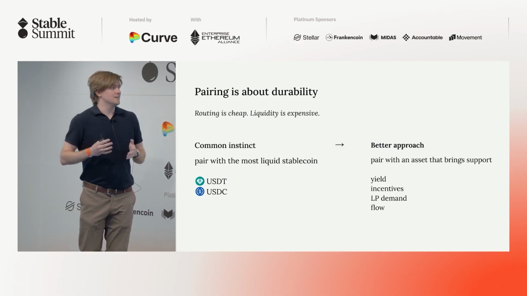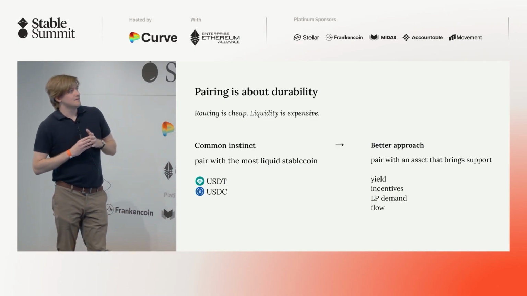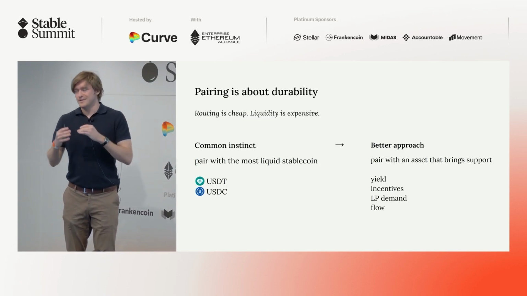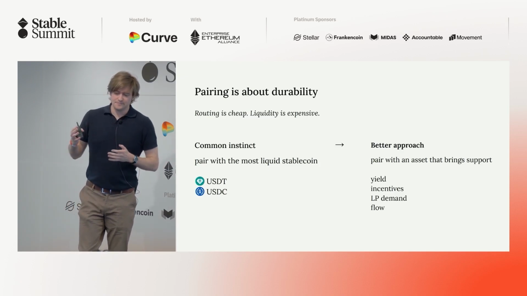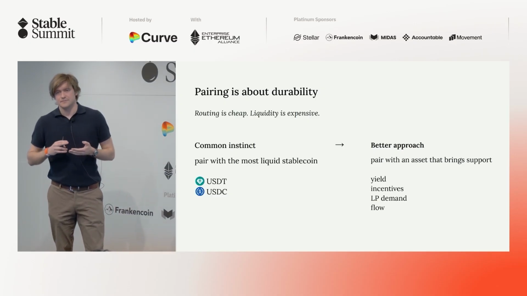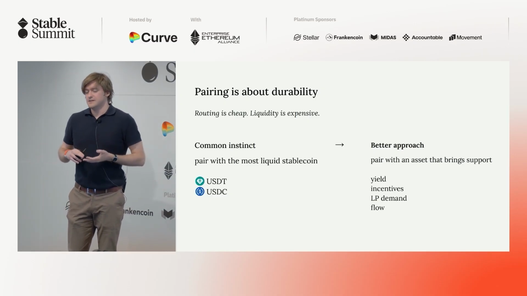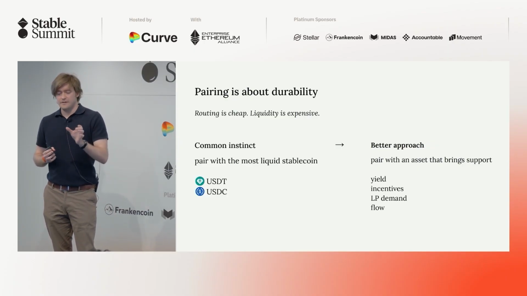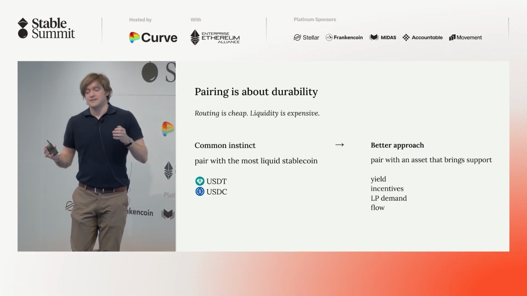So it's really not the greatest thing. A better approach is finding a partner who can provide support in reaching your TVL target. That can be from some kind of underlying yield on the asset, they're helping with incentives, or there's LP demand for holding this particular pair, or that asset helps with flow.